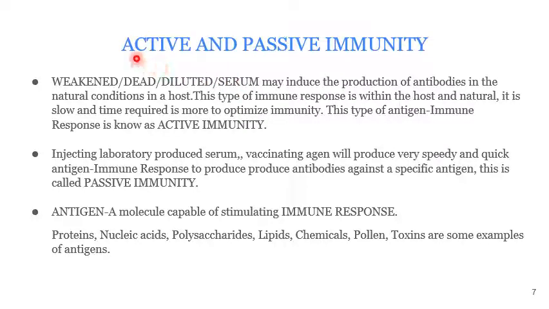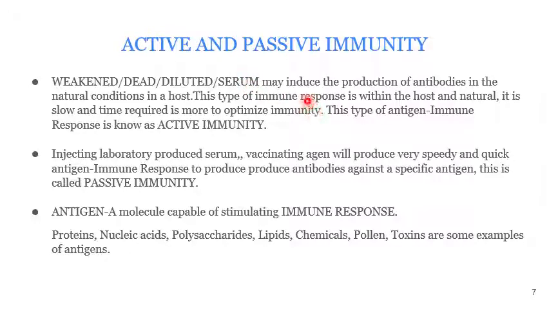A little more expansion of the concept: active and passive immunity. Serum refers to the liquid part of the blood without any red blood cell, white blood cell or platelets.